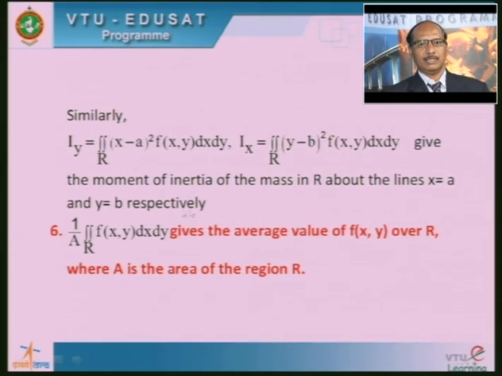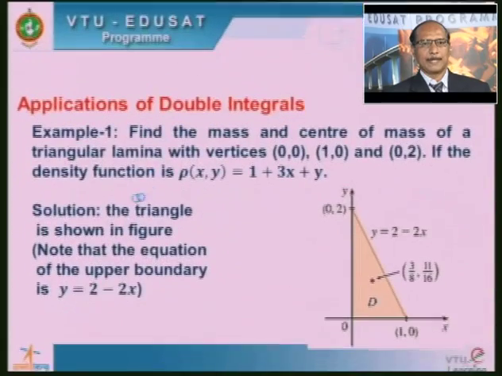The previous formulas were about the origin, these two are about the lines x equal to a and y equal to b. And another formula, 1 upon A times the double integral of f(x,y) dx dy, gives the average value of the function f(x,y) over the region R, where A is the area of that particular region. So, you can use all the formulas for particular problems.